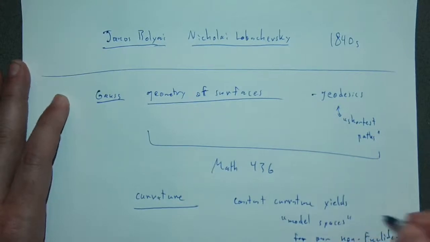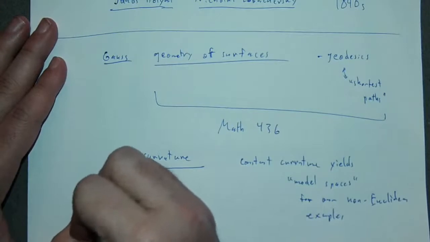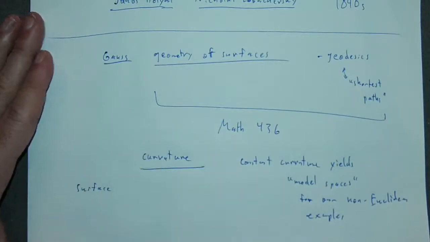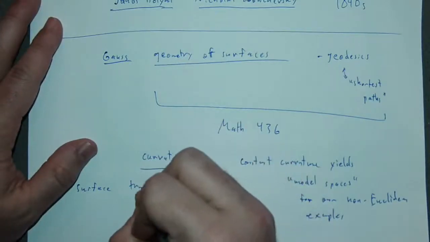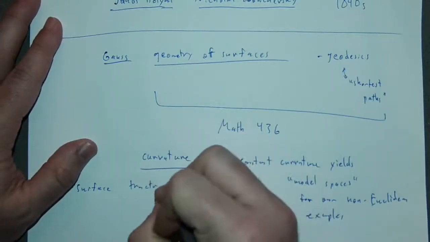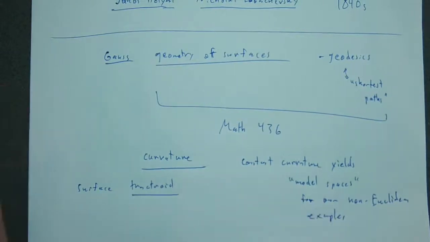So, for example, there is a surface of constant curvature -1 called the tractroid. And this surface is strange because it is generated from a curve called the tractrix.